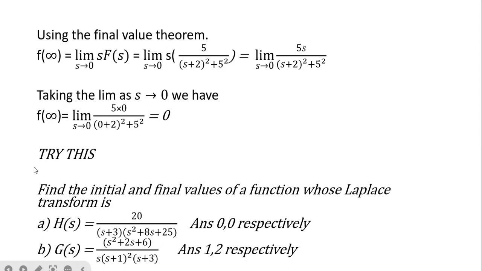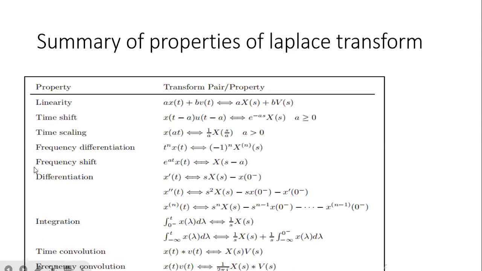In this case, you need to also do the same thing, expand so that you can get the highest power of x if you would want to calculate the initial value. So these are the answers. In this case, both are 0. In this case, they are 1 and 2.